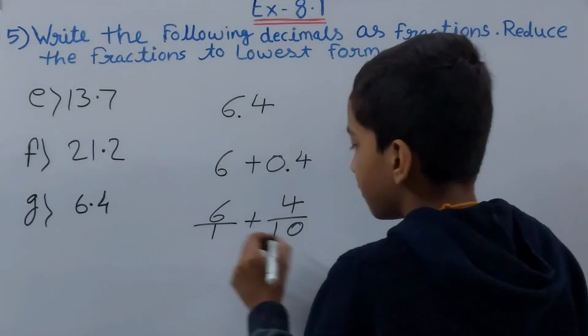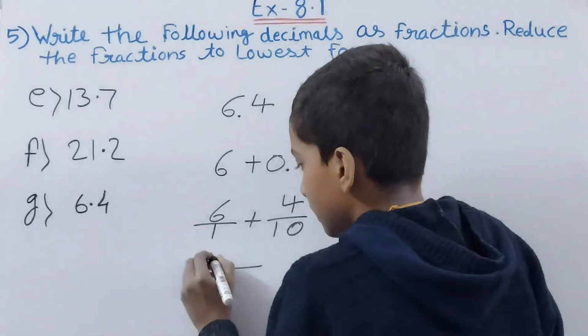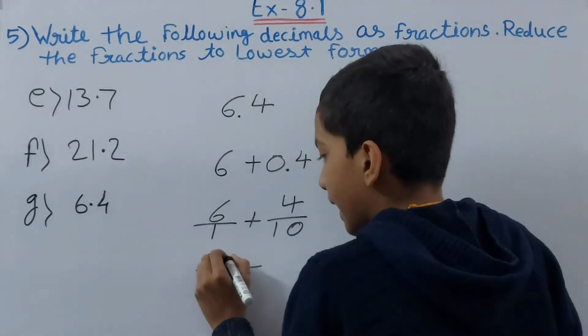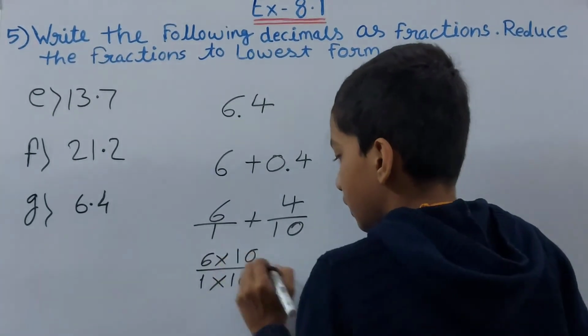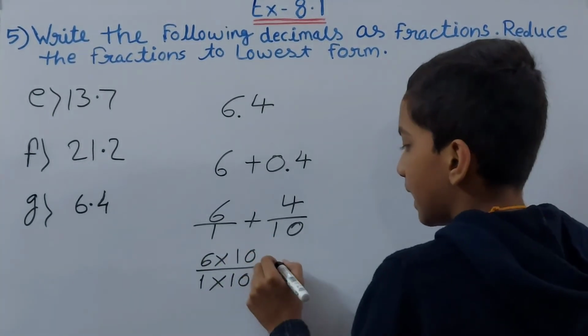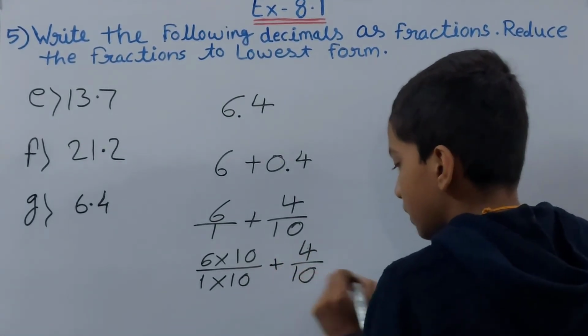So for 1 and 10, their LCM is 10. So that means 6 upon 1 we will multiply by 10, and the same we will do in the numerator also, like this. Alright, and then this addition mark, and this is 4 upon 10.